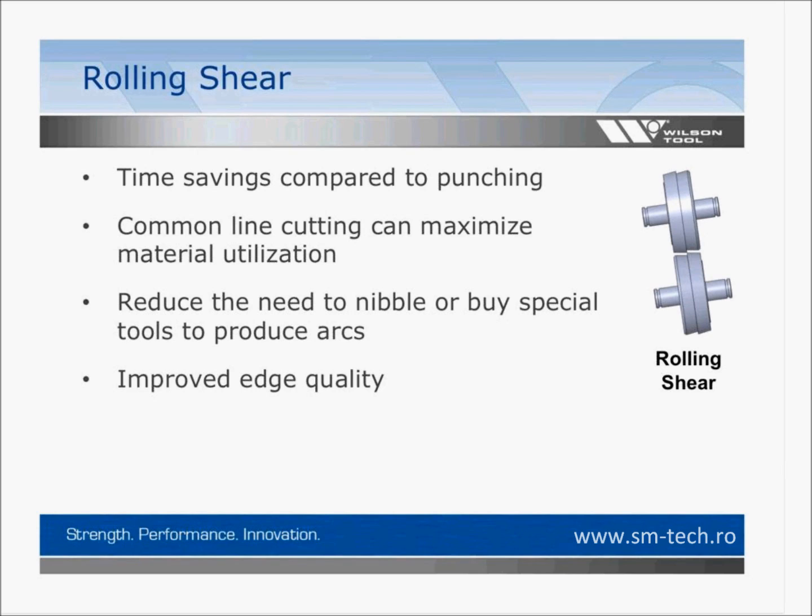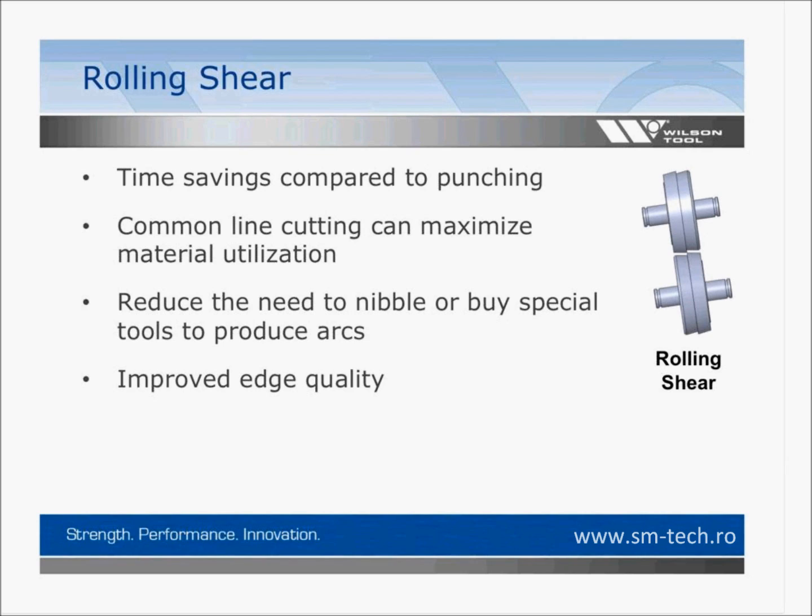Reasons why you might use the rolling shear tool. Time savings is a big one. For some applications, cutting these big sweeping arcs like you saw in that video, the rolling shear can be much, much faster than punching or nibbling those arcs. Common line cutting is another thing we see a lot of. When you're cutting along that line, both sides of the part are usable. Reducing the need to buy nibble tools or special tools to produce arcs.